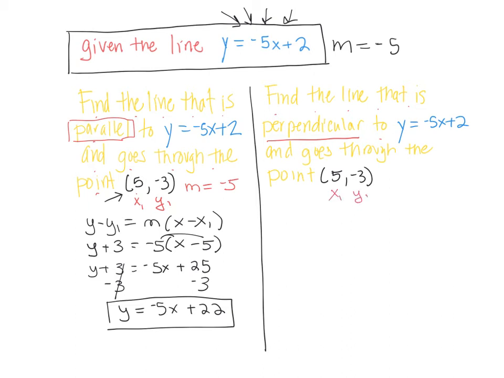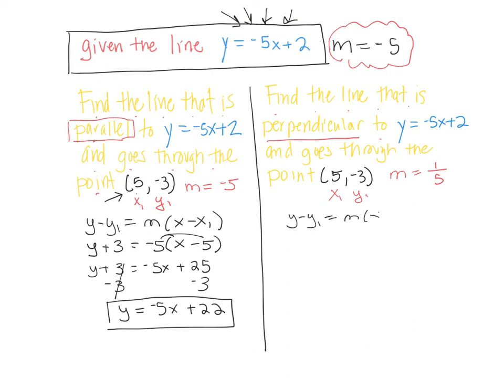But this time we need to know that if the slope in this original line that was given to us is -5, that the slope of the line that's perpendicular to it must be the opposite sign, so positive, and the reciprocal, 1/5.